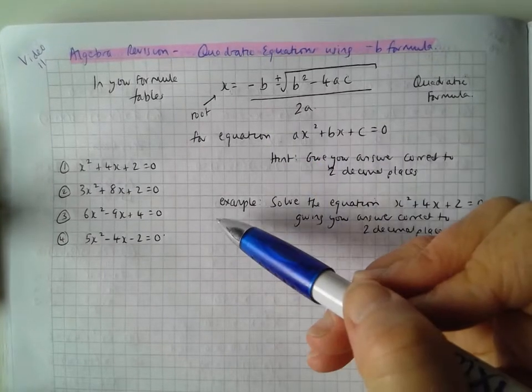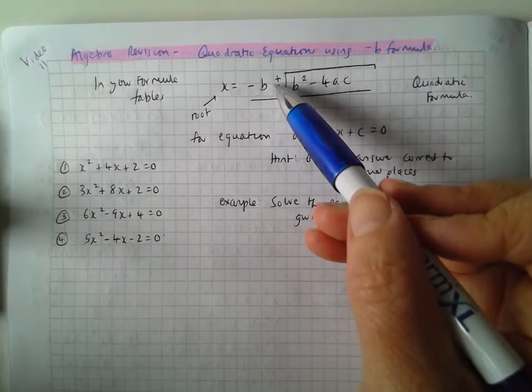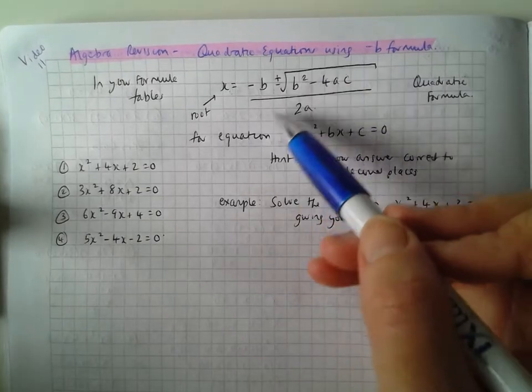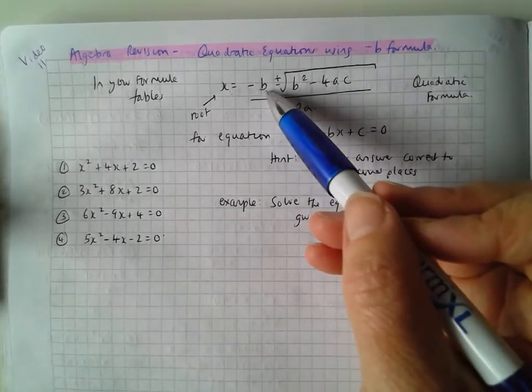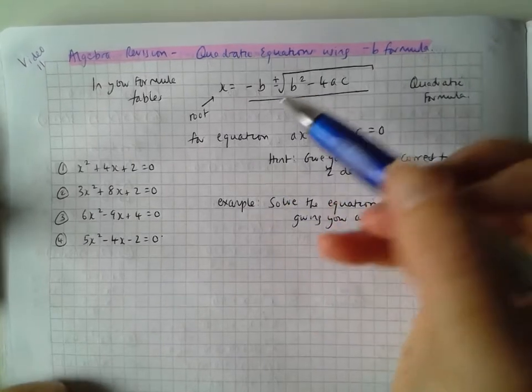The plus and minus means we're going to get two answers: one when we add these two together, and one when we subtract these two.